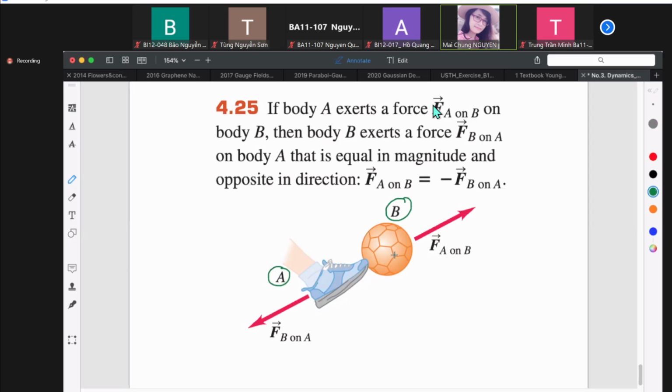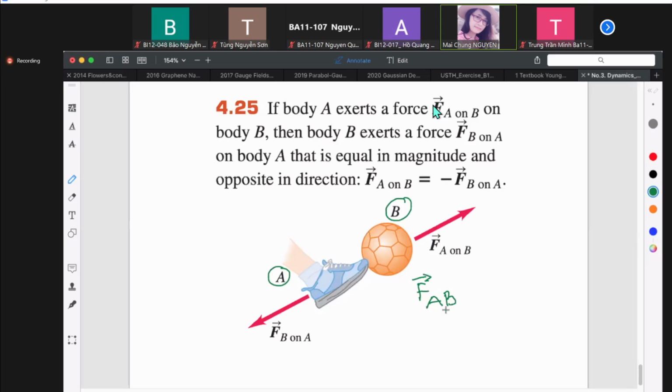The force acting on B comes from object A, right? So we use F_AB, which means the force of A now acts on object B.